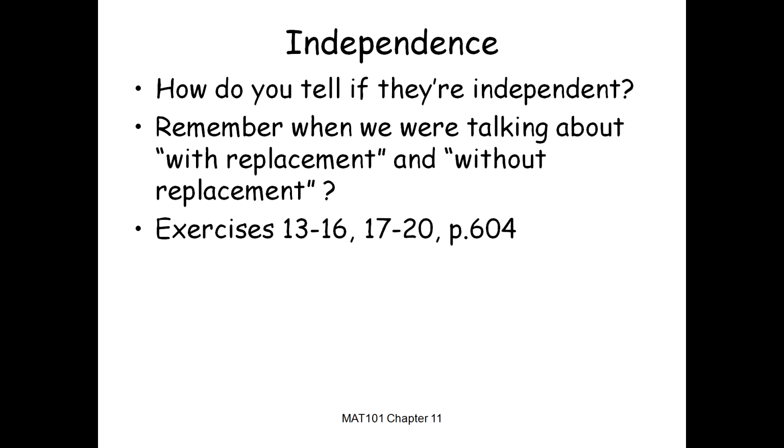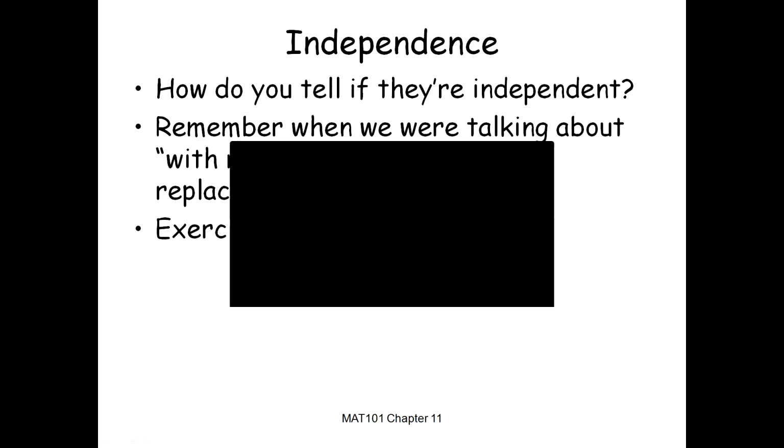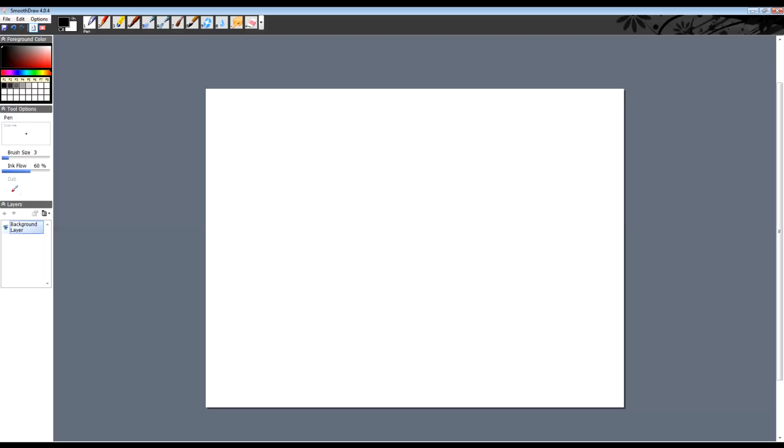So how do we tell if they're independent? Let's talk about the problems in exercises 13 to 16 and 17 to 20 on page 604. In this example, a pet store has 7 puppies.